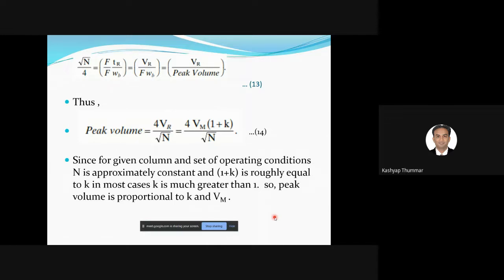Since for a given column and set of operating conditions, n, that is plate number, is approximately constant, 1 plus k is roughly equal to k. In most cases, k is much greater than 1. So peak volume is proportional to k and Vm. So if there is a question why peak volume is proportional to the retention factor and volume of mobile phase, then this should be the logic.